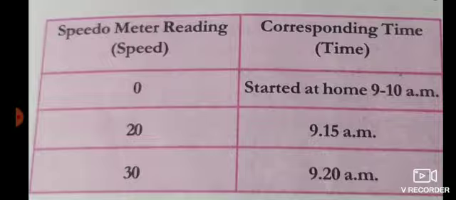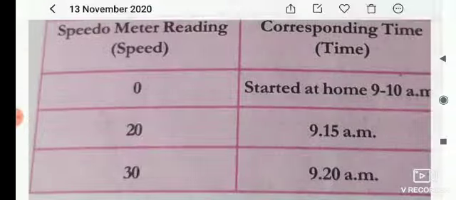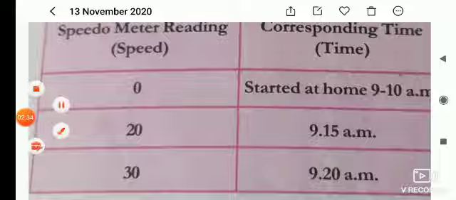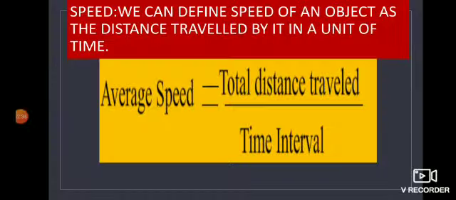We experience in our everyday life that most of the objects in motion do not have the same speed throughout the journey. To express the speed of the object, we consider its average speed. Let us see average speed. Now let us see here. We can define speed of an object as the distance traveled by it in a unit of time.